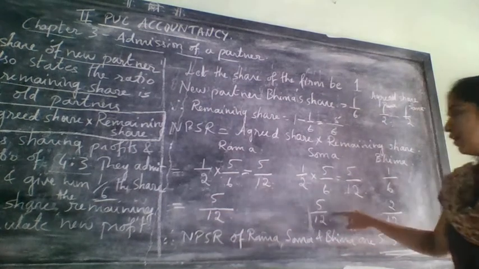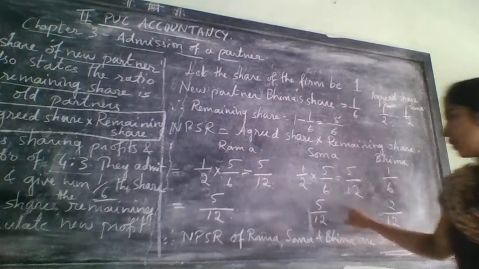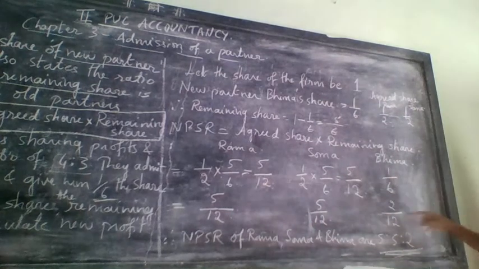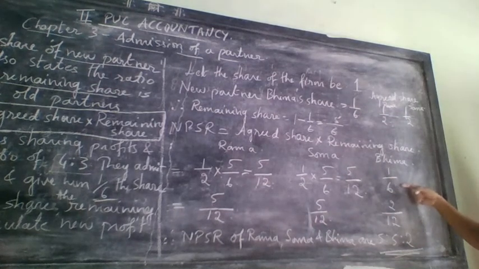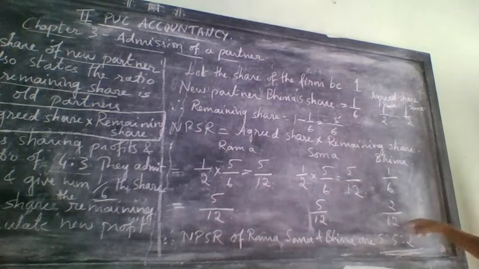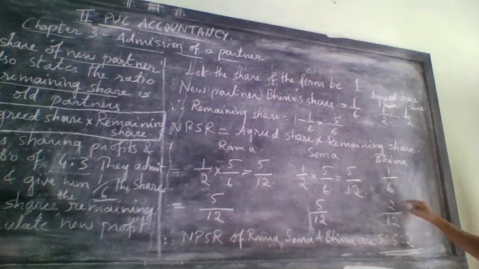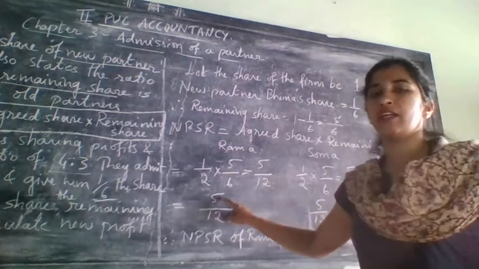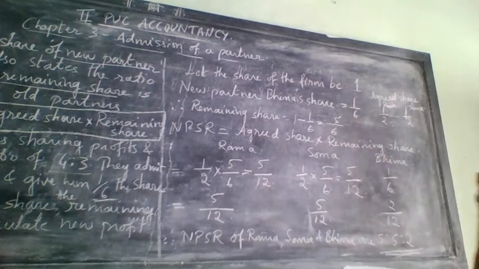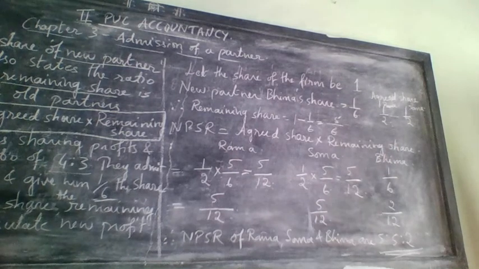Next, write 5 by 12 for Rama and 5 by 12 for Soma, and now you need to convert his denominator to the common denominator. It is 12. 12 divided by 6, you will get 2. 2 ones are 2. Now if you add all the numerators, it equals the denominator. So your problem is correct.